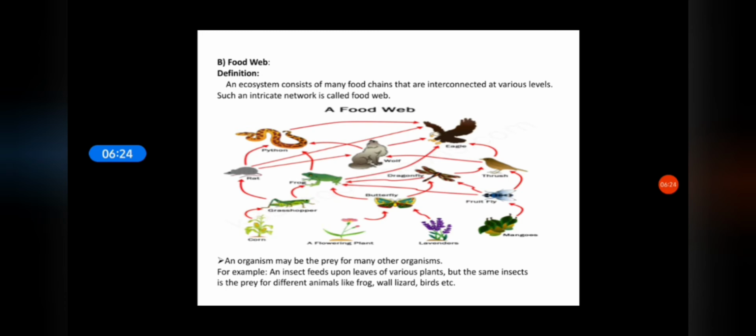After drawing all the possibilities for an organism being eaten by all other organisms, it forms an intricate structure called a food web. Example, an insect feeds upon leaves of various plants, but the same insect is the prey for different animals like frog, wall lizard, birds, etc.